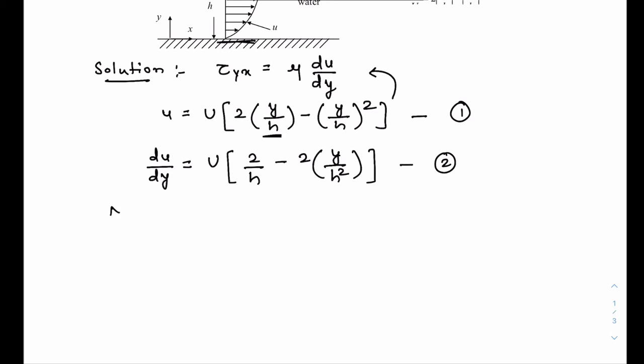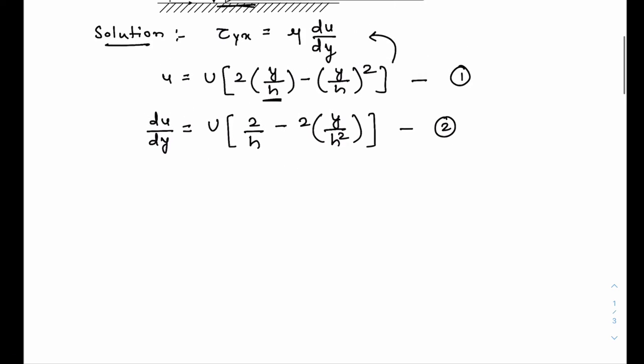Substituting this derivative in the expression for the shear stress, we get tau yx equal to mu times capital U times 2 by h minus 2y by h square.